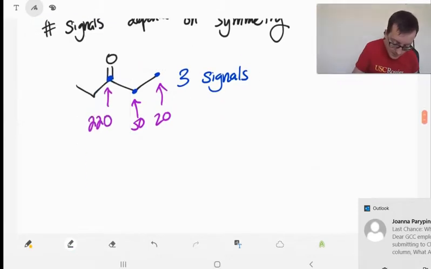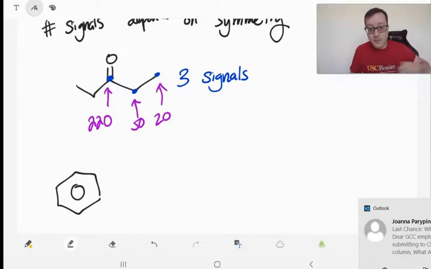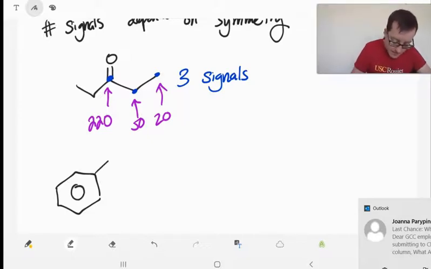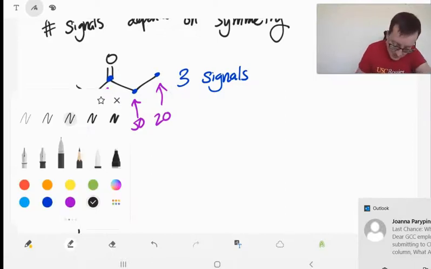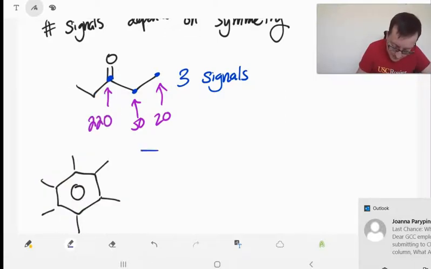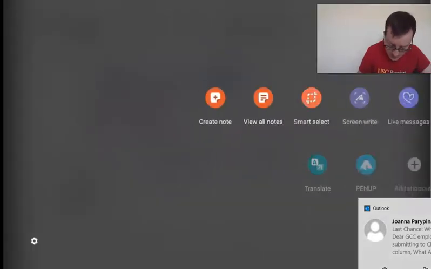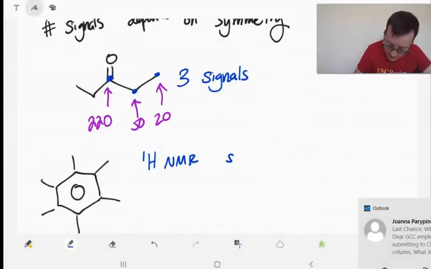And it's really just a supplement to proton NMR, right? Something like this, you'll see probably 2 signals only. In proton NMR, you'd see a singlet worth 3 hydrogens, or worth 18 hydrogens, I guess.